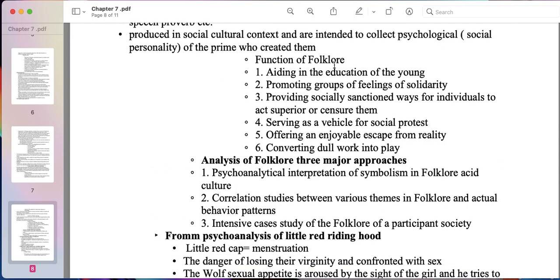The functions of folklore are aiding the education of the young, promoting groups' feelings of solidarity, providing socially sanctioned ways for an individual to act superior or censor them, serving as a vehicle for social protest, offering an enjoyable escape from reality, and converting dull work into play.